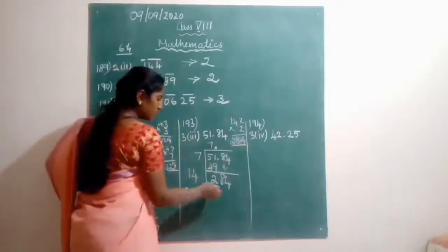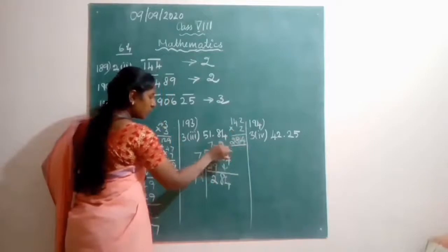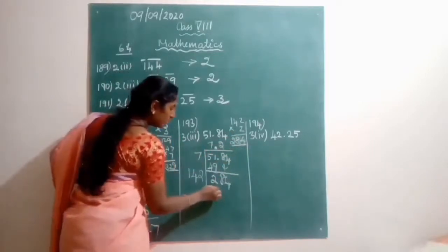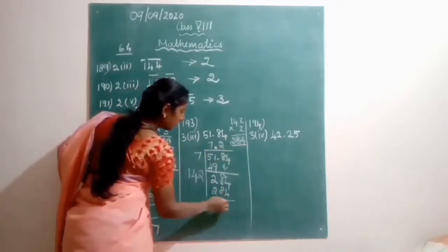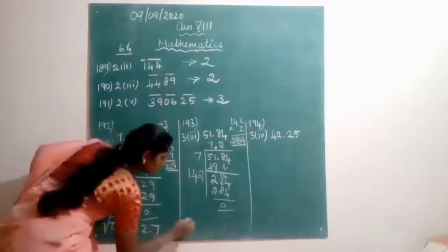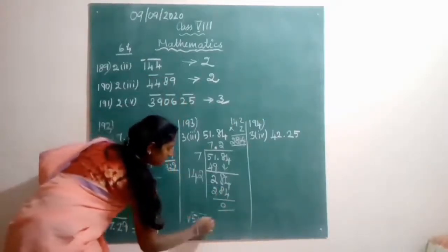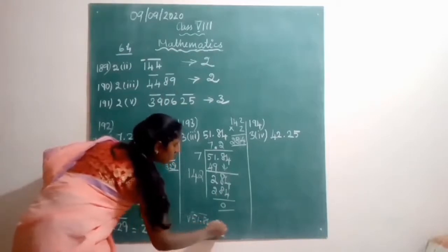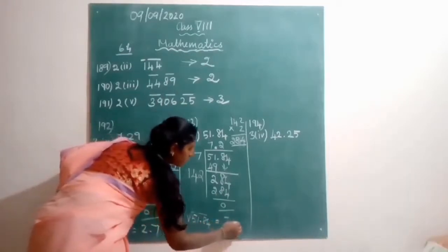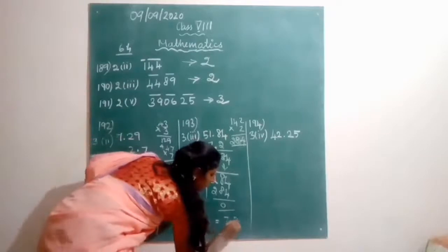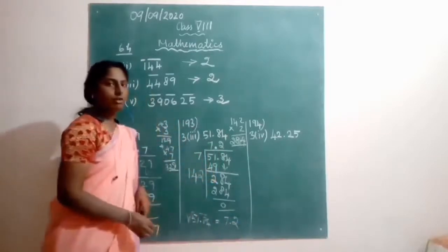So 284 you got. So 2 and 2, and you will get 284, and the remaining is 0. So the square root of 51.84 is equal to 7.2. Is it clear for all of you?